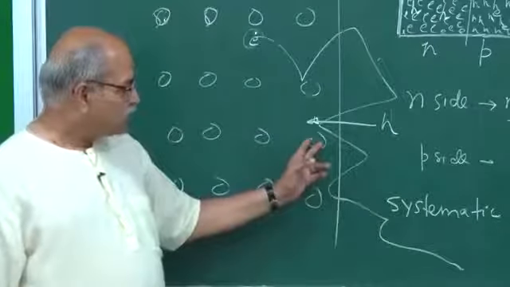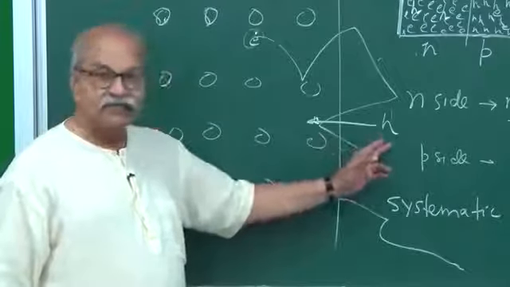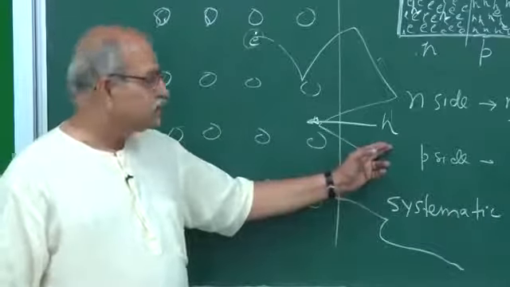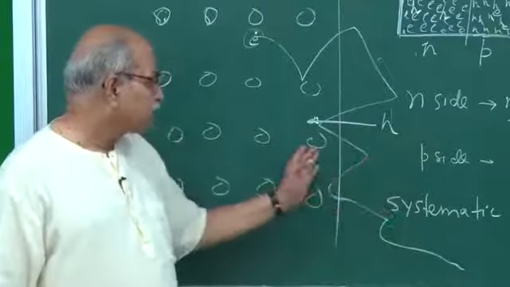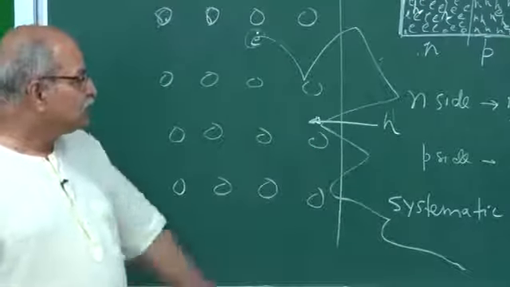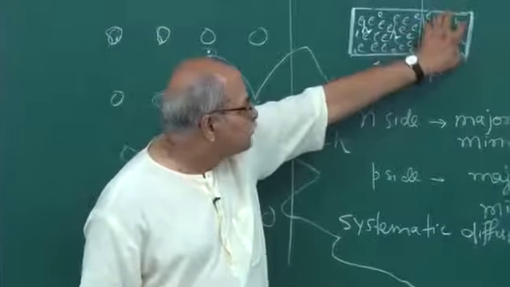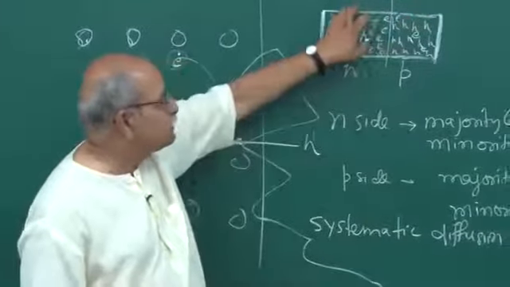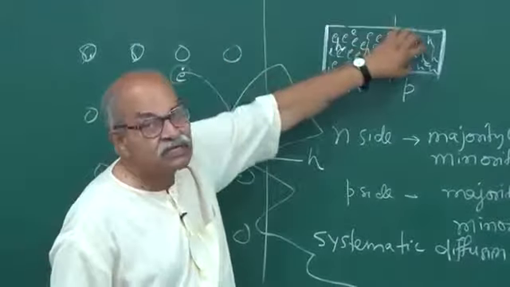So a new bond is broken here, and the bonded electron goes there, and the hole is filled here. So this hole is gone from here, and a new hole is created here. We say that this hole has diffused. So since a large number of holes are there, once again the diffusion of holes from right to left in this figure will be much larger than the diffusion of holes from left to right.